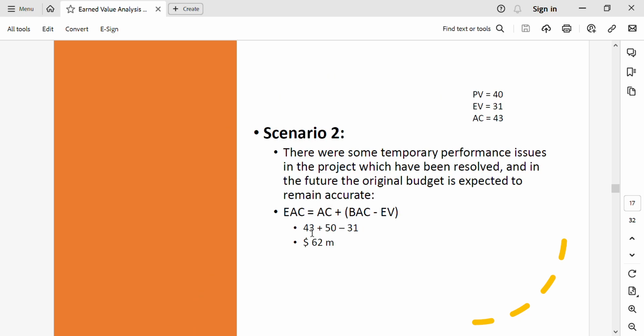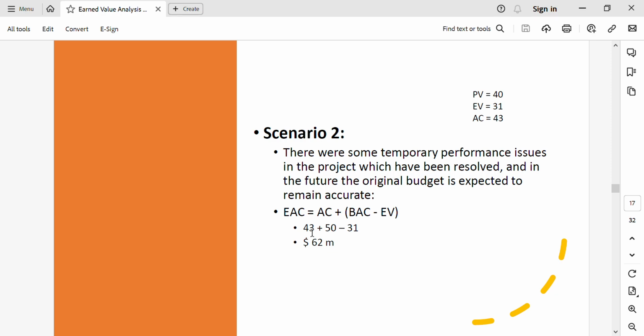In scenario 2, there were some temporary issues which have been resolved, which are no more valid, and the situation will improve in the future as planned. So in this case, we will use the formula EAC is equal to actual cost plus BAC minus EV, earned value.